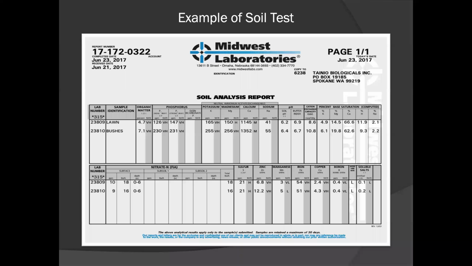The other thing I want to tell people too is, when you're picking a lab, you don't necessarily have to look at what they recommend. I know a lot of different labs do things as averages. So if your cation exchange capacity is 8.6, like on this test, and they look at all the nutrient levels, and you see potassium says very high at 165 for that cation exchange capacity, that's an average.